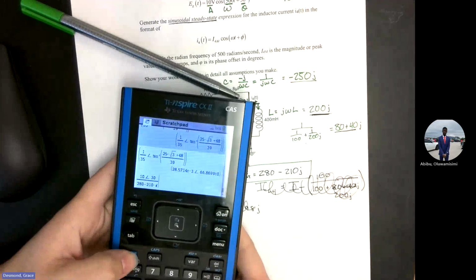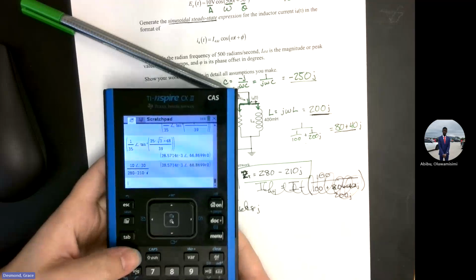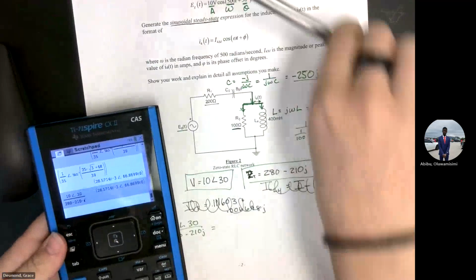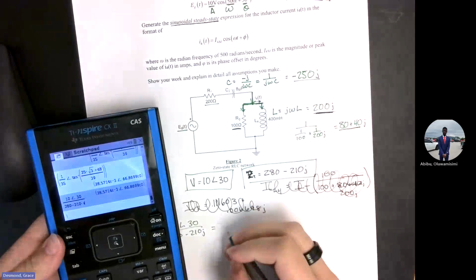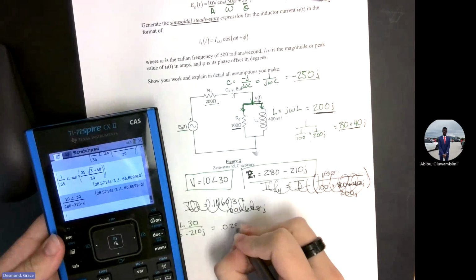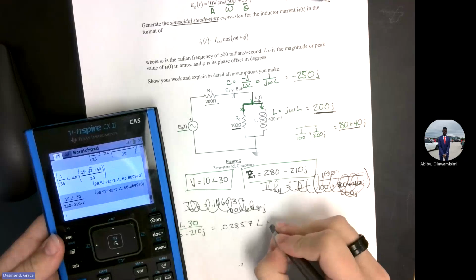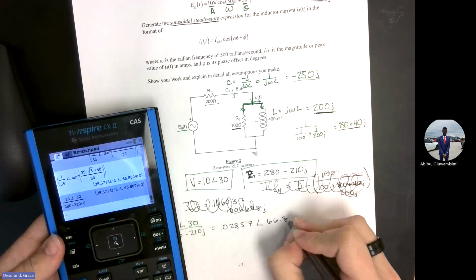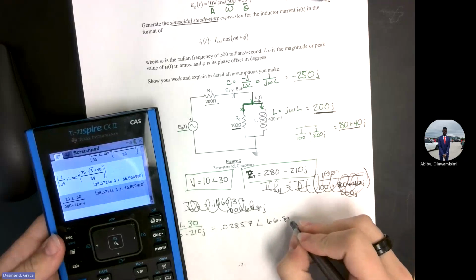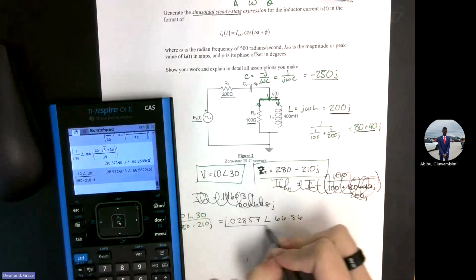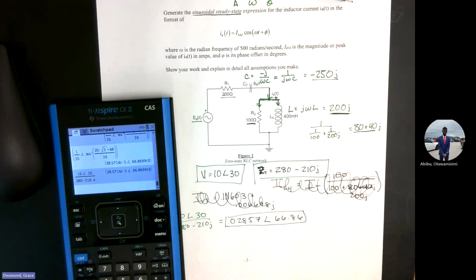The approximate value is equal to 20.02857 phase angle 66.86. So that is the total current.